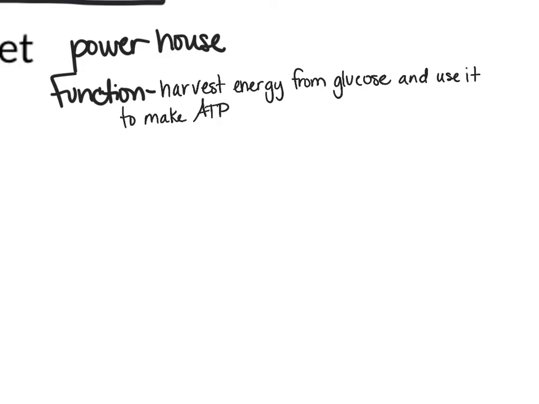So remember, ATP is our energy storage molecule. What we do is we take glucose, we break it down, we get the energy from that glucose, and we put it into molecules of ATP. Then we can use those molecules of ATP anywhere that we want to in the cell.